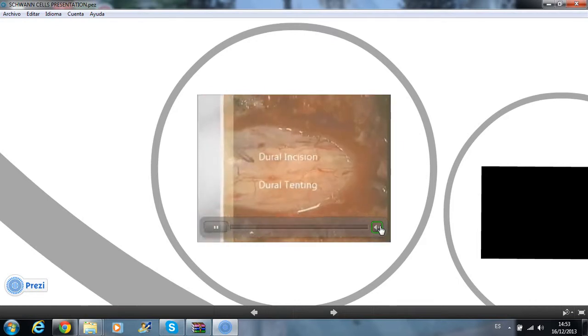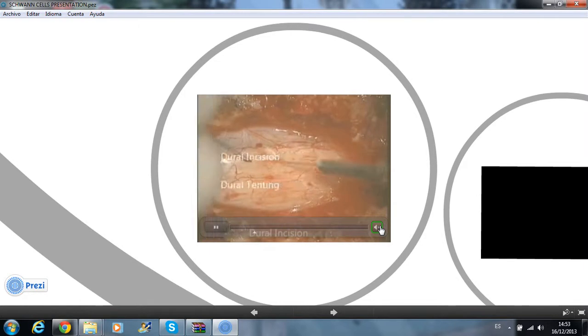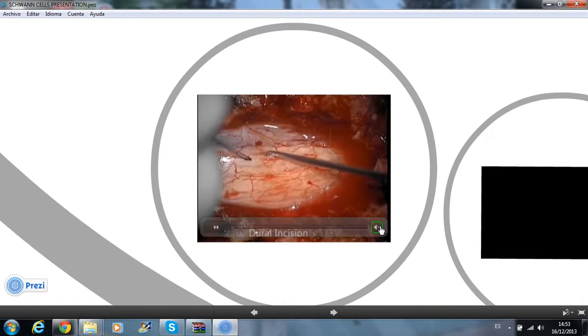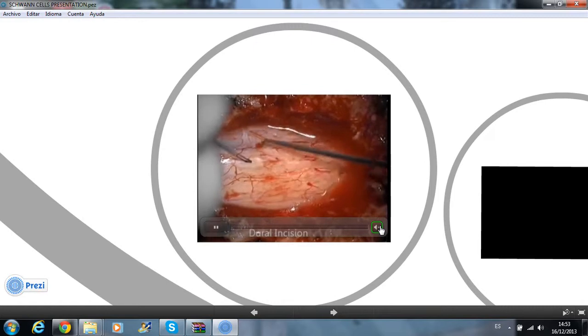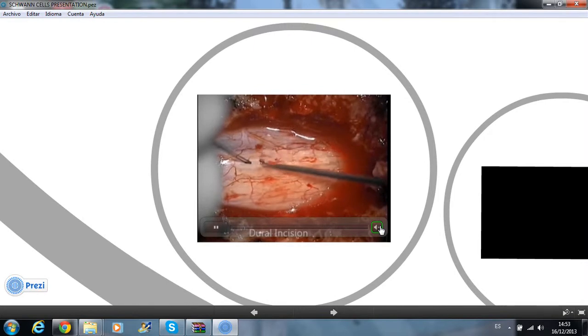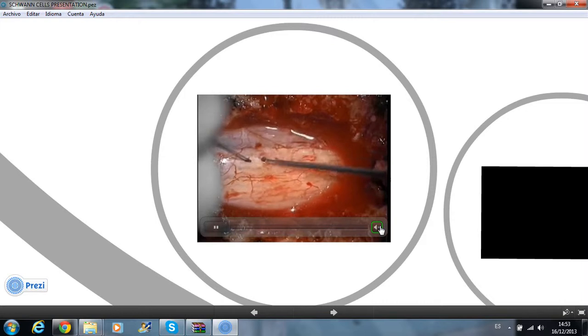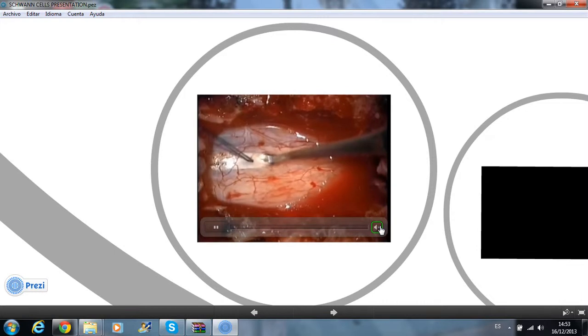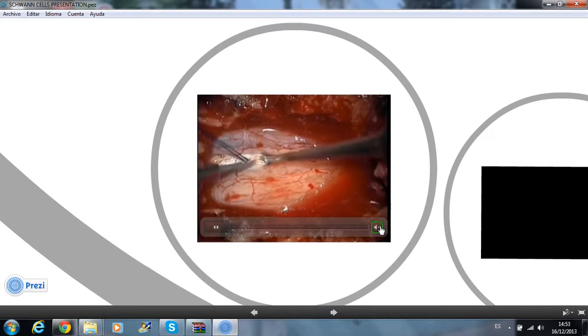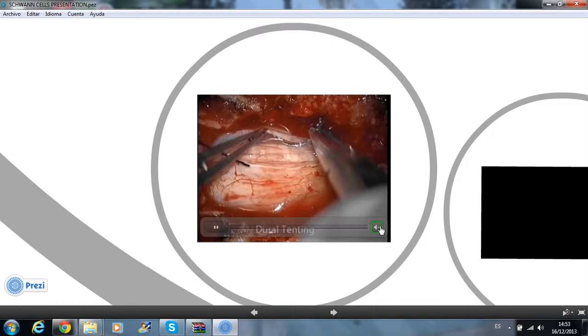As it grows in the brain, in the dura, it forms a tumor, a big mass that contains other structures of the brain and can cause other symptoms that are associated with neurological disease.